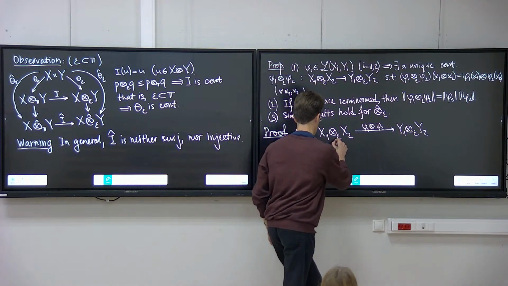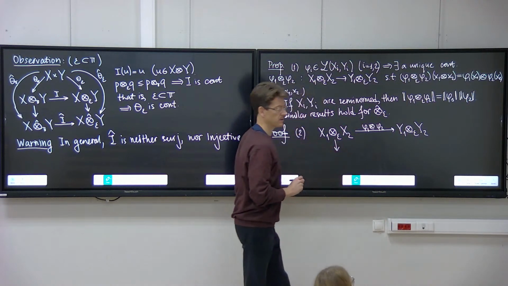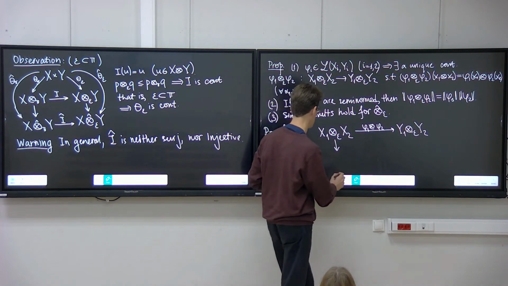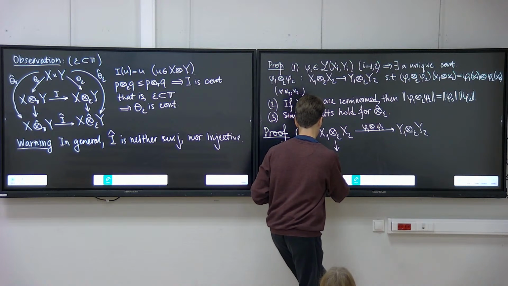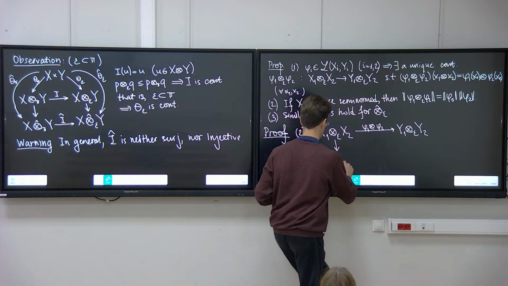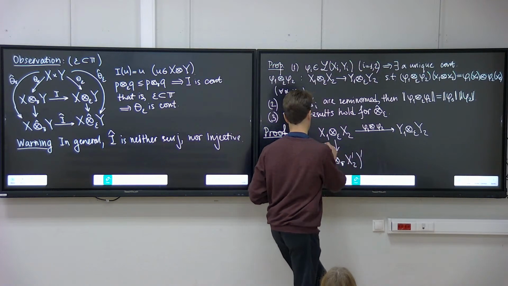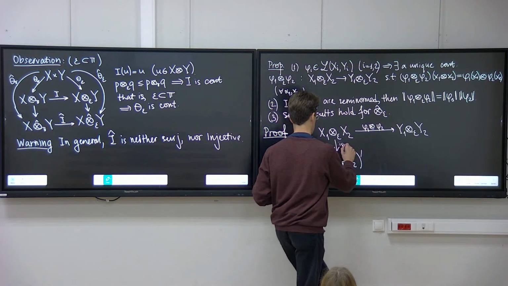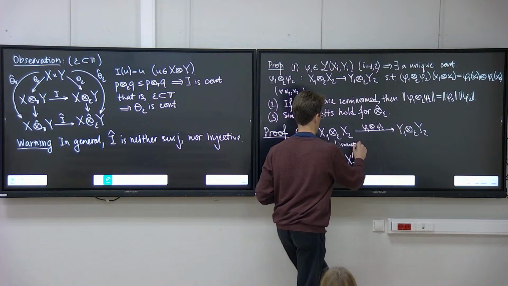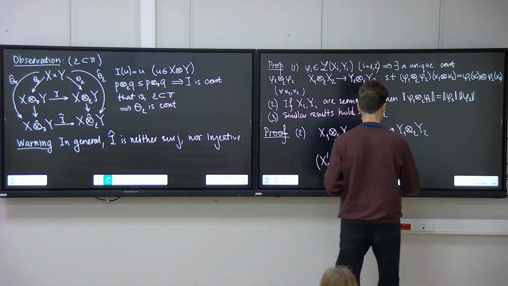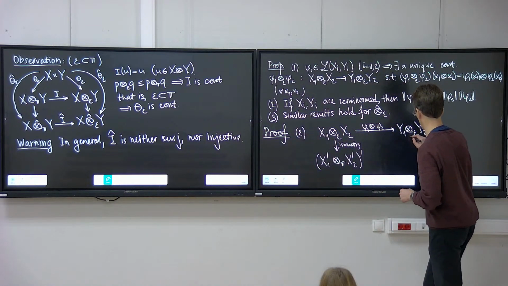And let's recall that we have a canonical isometry from the injective tensor product of x1 and x2 to the dual of the projective tensor product of their duals. This isometry was constructed at the previous lecture. And we can do the same construction for y1 and y2.